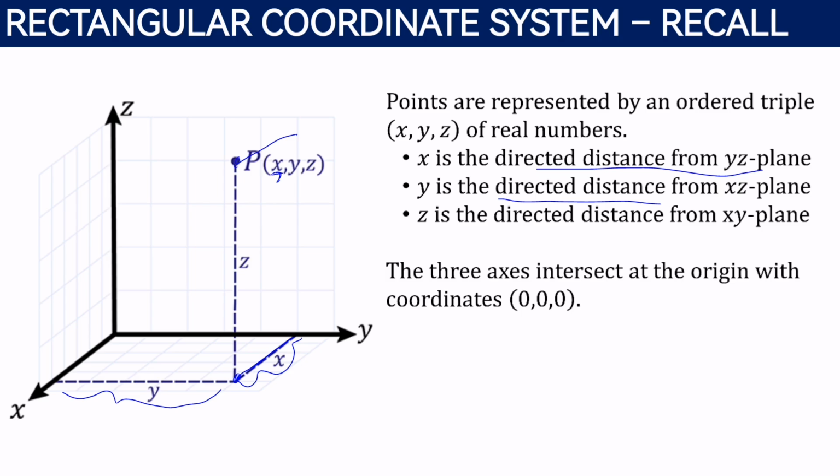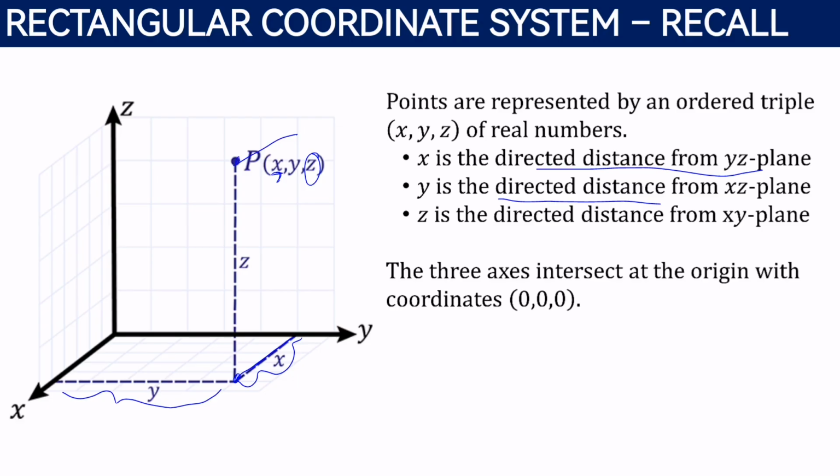And lastly, the z coordinate is the directed distance from the xy plane. So here, our third coordinate, this one, z. It's the distance from the point going to the xy plane. Sorry for my writing.